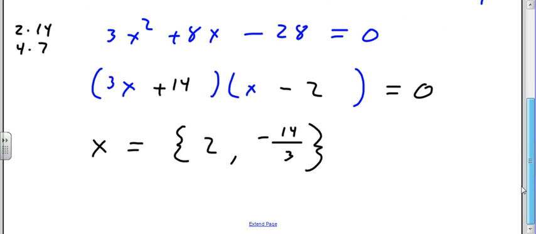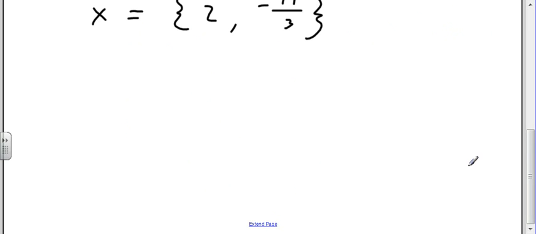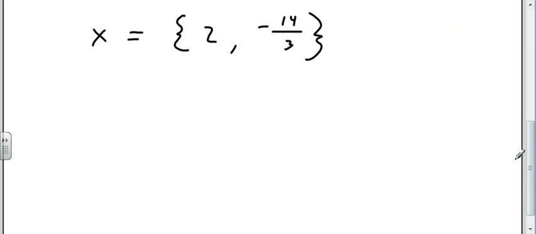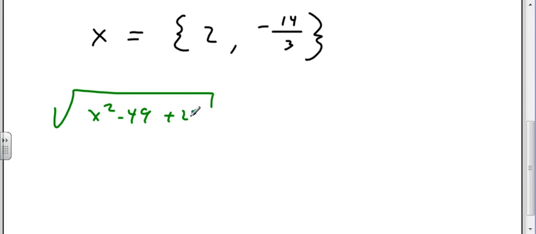Okay, now I got to go back and check both of those answers because I'm pretty sure I'm going to have to get rid of one of them. And so, anybody remember what problem we're working? 12. Okay, so I've got square root of x squared minus 4x plus 29 is supposed to be equal to 2x plus 1.